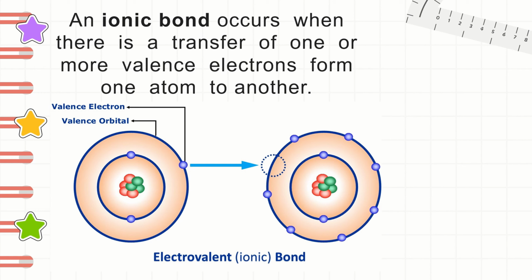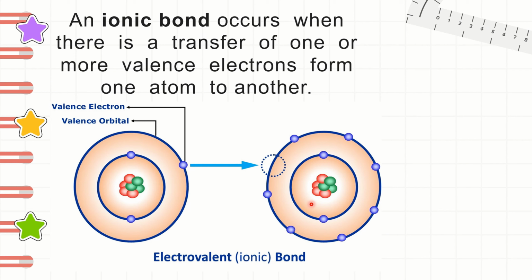So as you can see, this valence electron is being transferred here to satisfy the octet rule ng itong element na ito. So if you know the octet rule, we have that every valence shell of an atom should satisfy the octet rule.